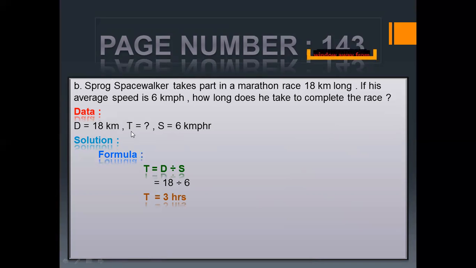How long? Long means we will calculate here not the distance, but time. How long does he take to complete the race? It means that time is unknown. The formula of time is distance divided by S. 18 divided by 6, 3 hours. Time is 3 hours.